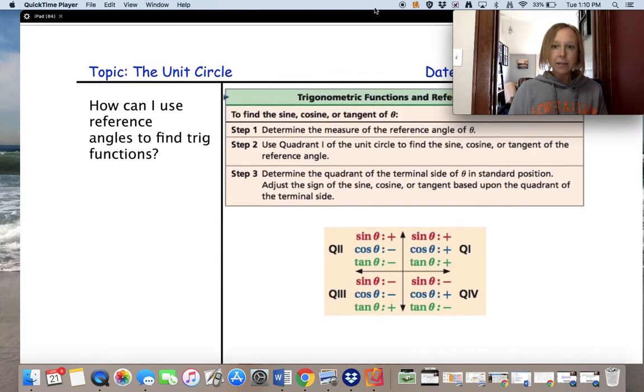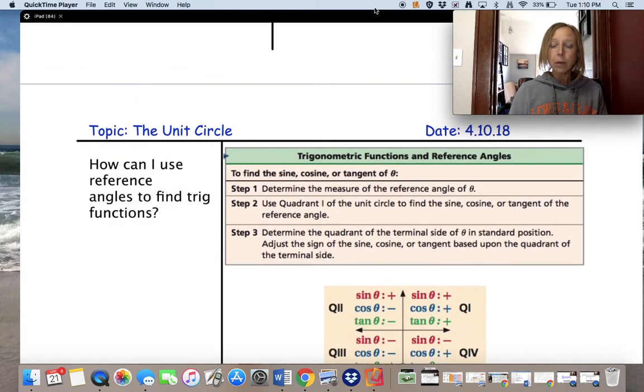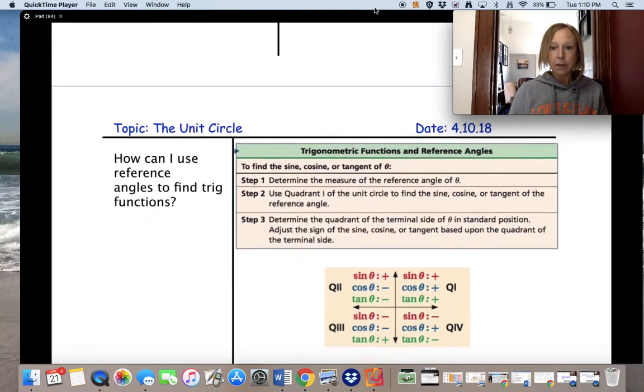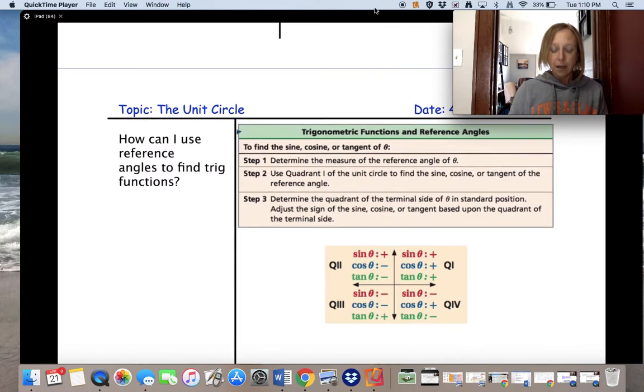Okay, last thing here. How can we apply what we know about reference angles to help me find my trig functions? Okay, so what we can do is we can use this idea that we talked about just shortly before this, about the different signs of your different trig functions in the different quadrants.